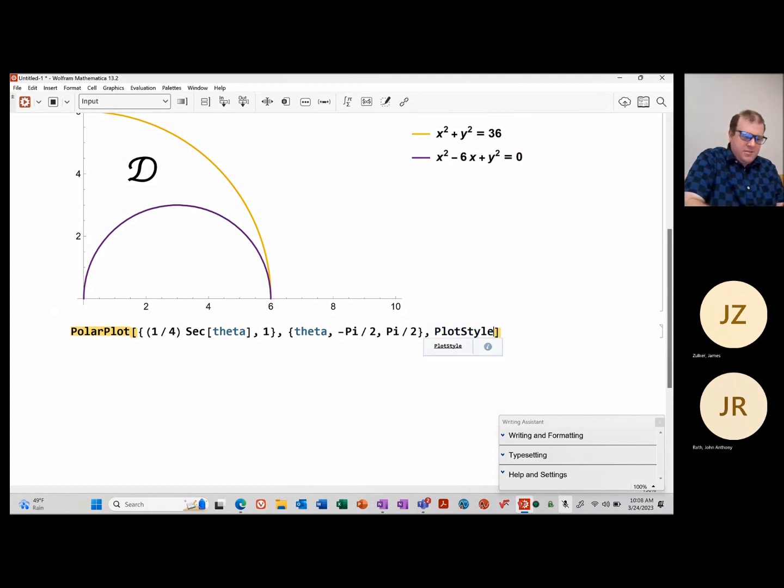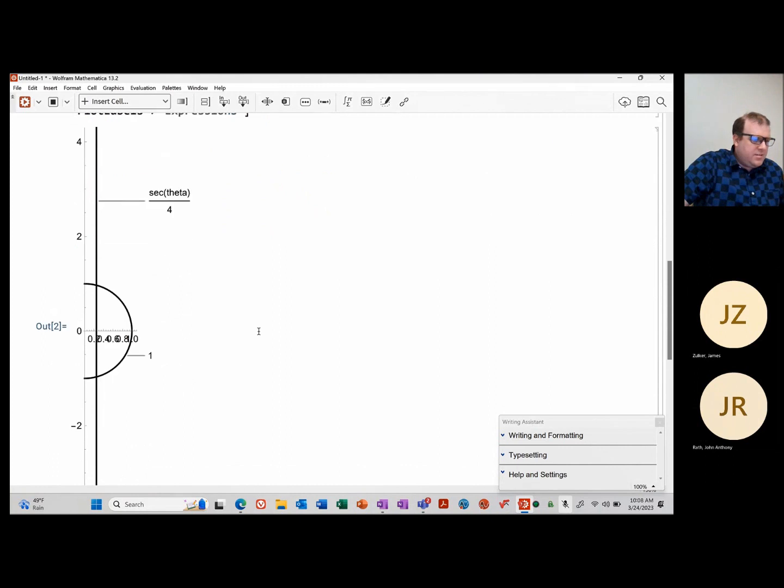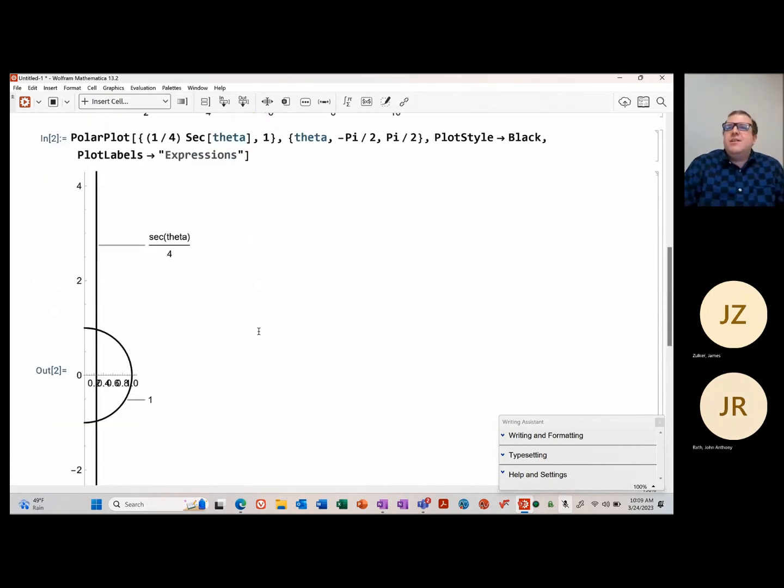Plot style. That should be all I need. It is. Okay. Almost. Notice what polar plot does is it plots it on the XY coordinate system.